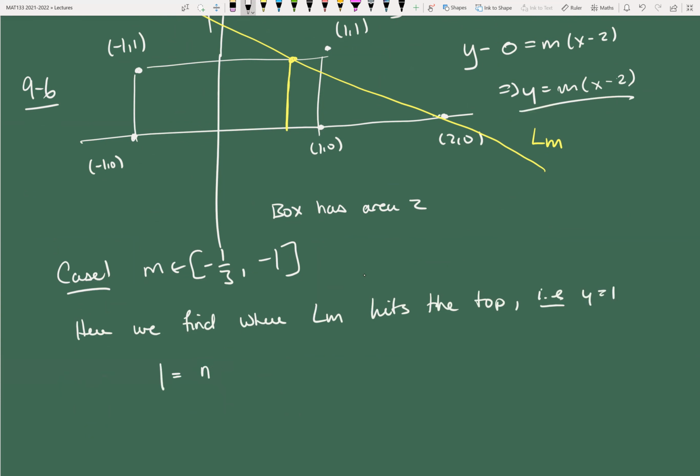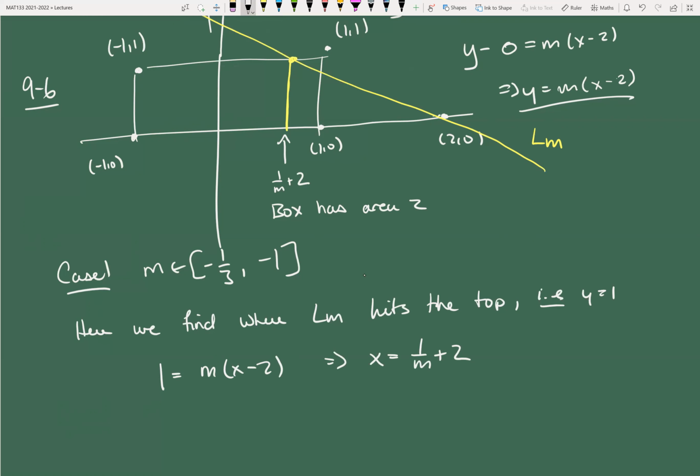We're going to set y is equal to m times x minus 2 and solve that for x. So we're going to get x is equal to what? 1 over m plus 2. I think that looks right. So that's 1 over m plus 2. Yeah, that looks good. So that's this point right here.